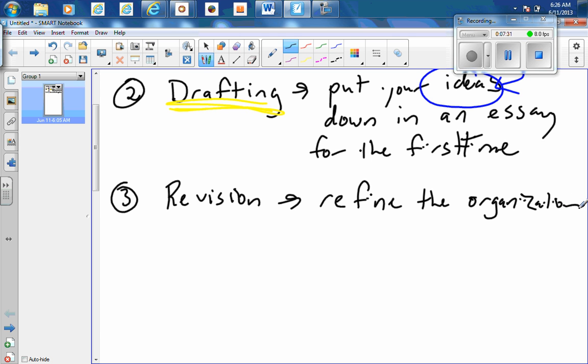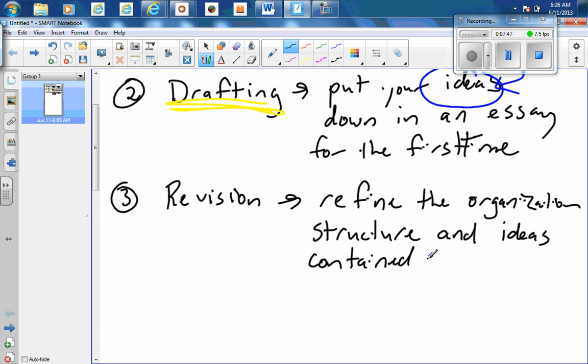Sorry about that, but I ran out of room on my screen. Structure and ideas contained within the draft.